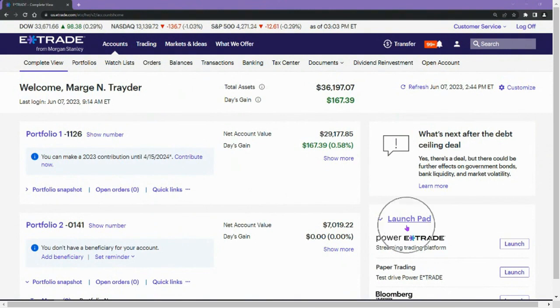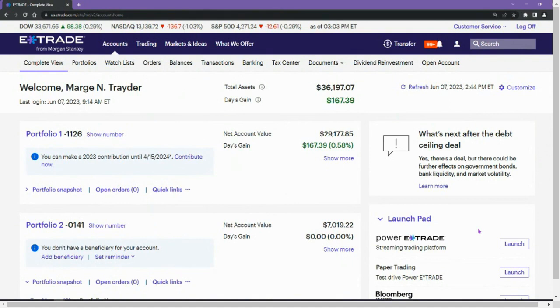Power E-Trade is our streaming trading platform, and all you got to do is hit that launch button there, and it will display. It opens up in a browser window. It's not a software application. You don't have to install anything. You don't need admin rights. It just is an advanced application in a browser window that allows for streaming and customization and great functionality.